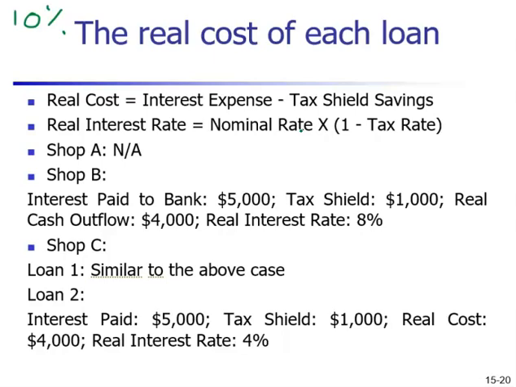Of course, somewhere you see they specifically mention the real rate of each loan, but you should keep in mind when it says real cost, we can do the dollars that a loan costs you, or also you can do the rate. As you can see in the PowerPoint, we have both of them, real cost and real interest rate. But many times when they are talking about the real cost of each loan, they are talking about the percentage.